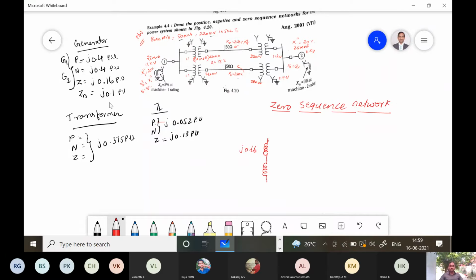This is represented only in the zero sequence network, not in the positive and negative sequence networks. Here we always write Zn equal to 3 times this 0.1 per unit, so this will give j0.3 per unit.